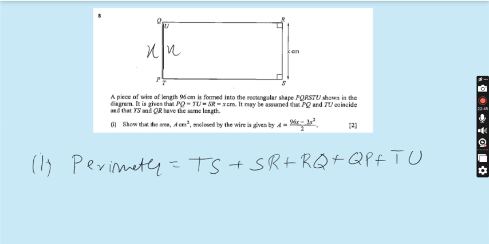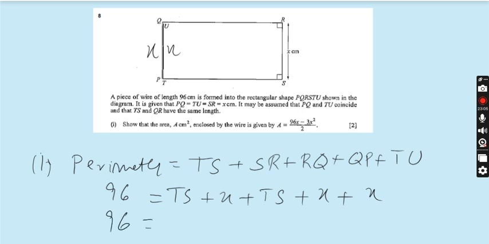So 96 equals TS, SR is x, RQ and TS are both the same, QP is x and TU is also x.